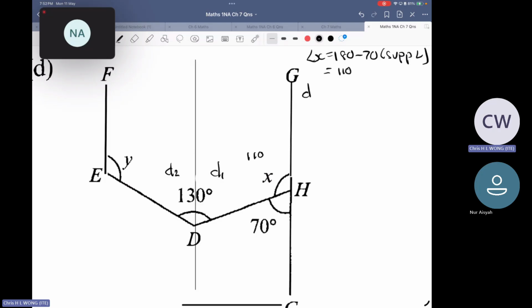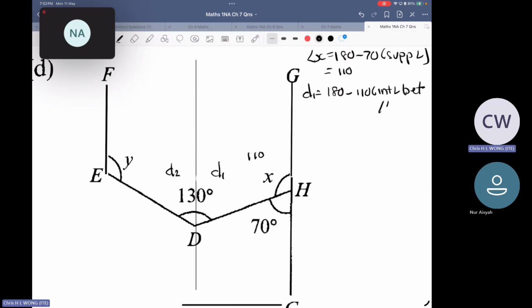D1 equals 180 minus 110. The reason? Interior angle between two parallel lines. Okay? So this is 70.